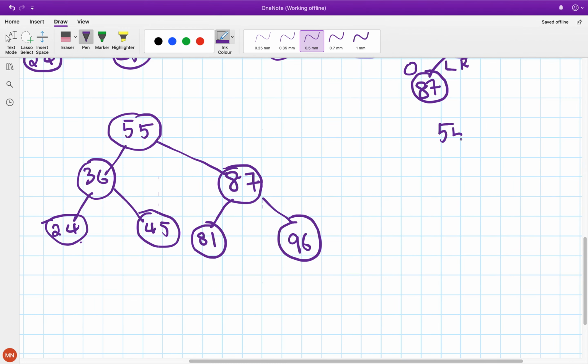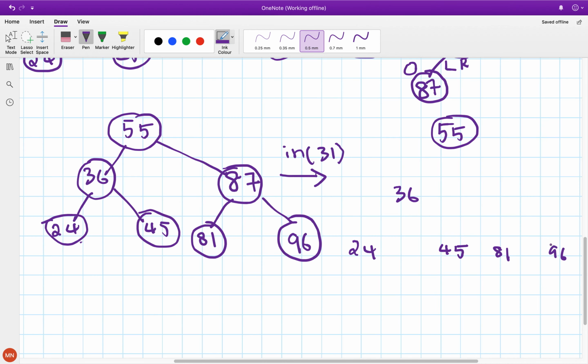Okay, so 55. So we are inserting 31. So 55, 36, 24, 45. Then I have 81, 96.